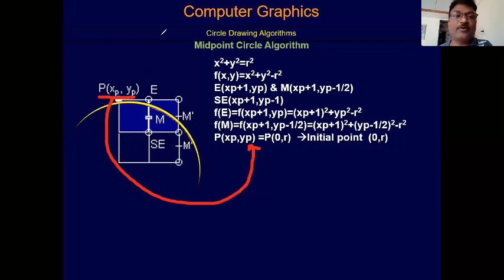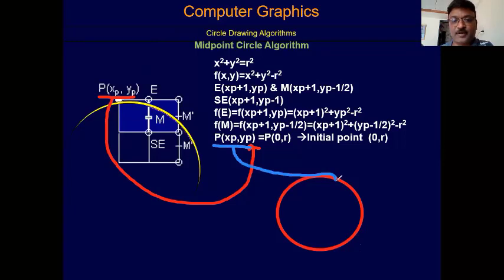Because whenever I am going to draw a circle, any circle, I have to start from some point. So what is that point? Suppose this point is my xp, yp. This point is on the circle. This exact point is on the circle. So when this point is on the circle, it has to satisfy the equation of the circle.